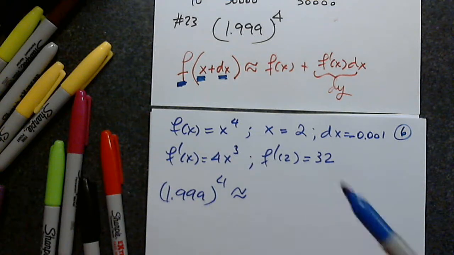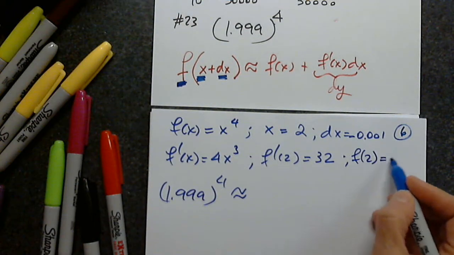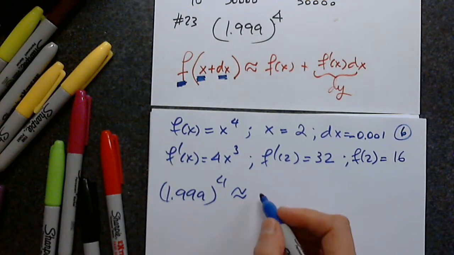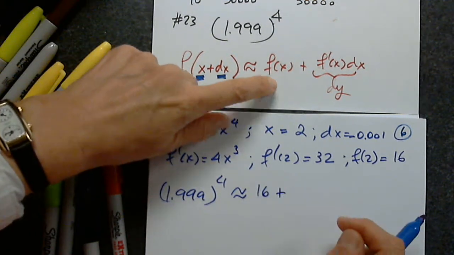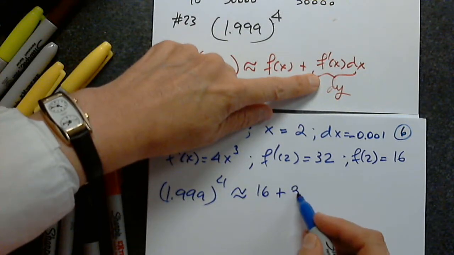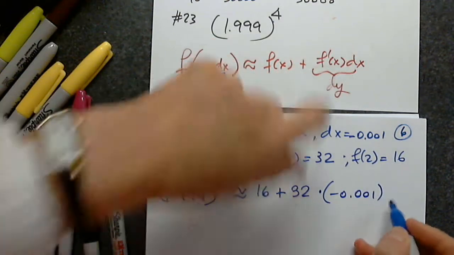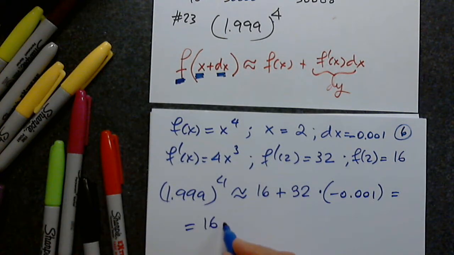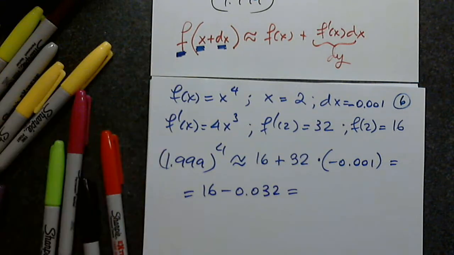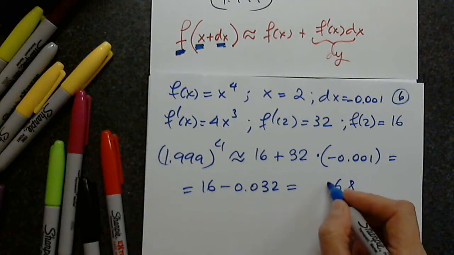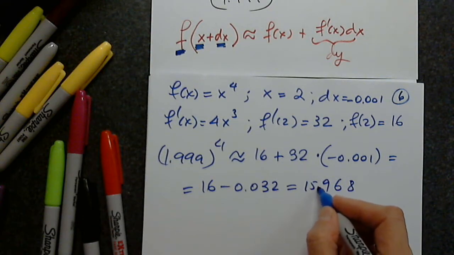The function. Yes, so f of 2, 16, plus f prime of 2, 32, times negative 0.001. So 16 minus 0.032, which I know how to do. No calculator is needed. So it's 15.968.